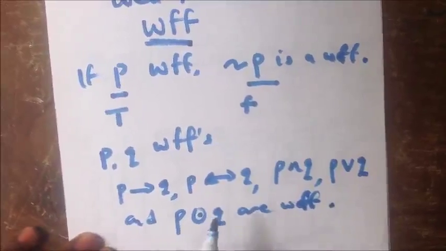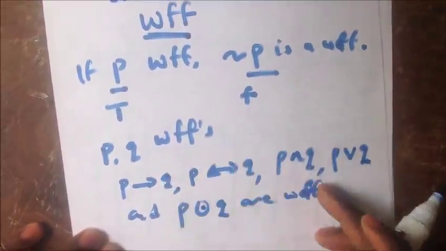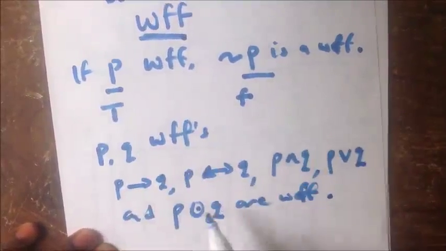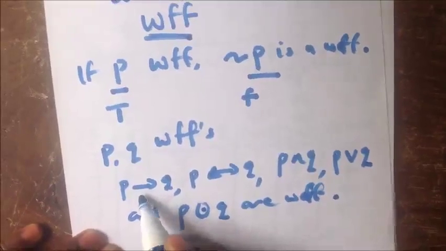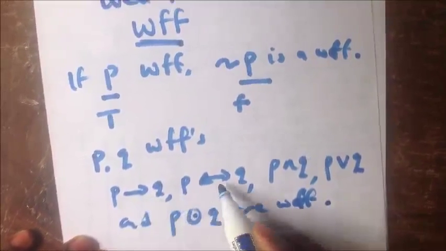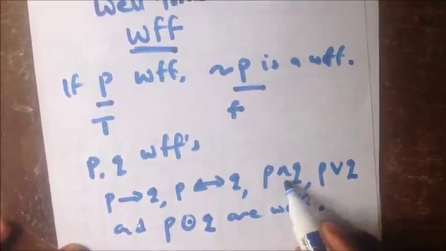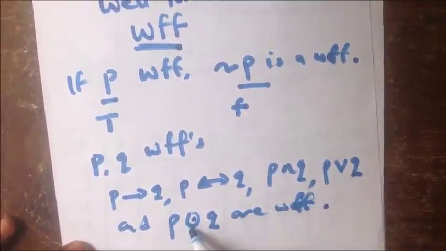Why? Because all these are the connectives we learned in the previous lessons: this is if and only if, this is implication, this is conjunction, this is disjunction, and this is exclusive or.